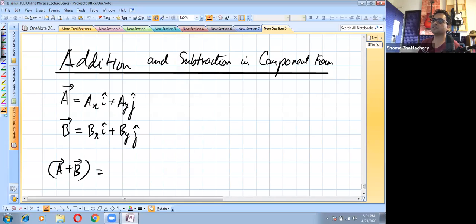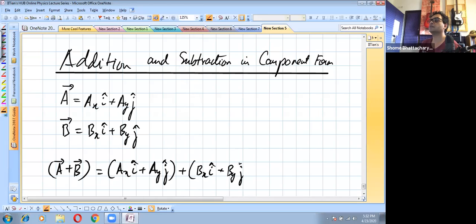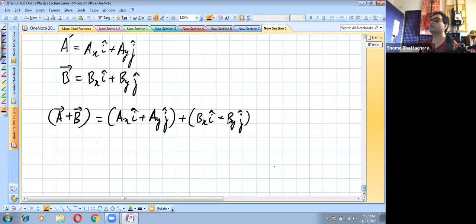So on left hand side you're just adding the two left hand sides, so on right hand side also do the same. So just substitute the value of A in component form and then just use your normal algebra. After substituting, you just open this bracket and you'll see that Ax and Bx have the common term I cap and Ay and By have the common term j cap. So you can just use that. And that's it.